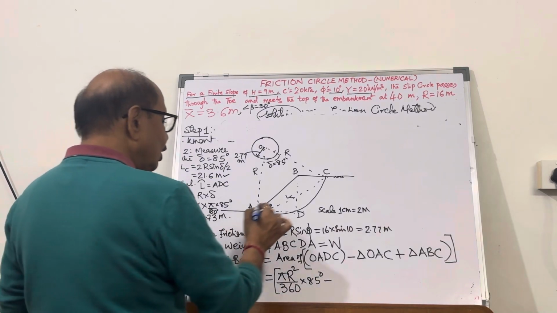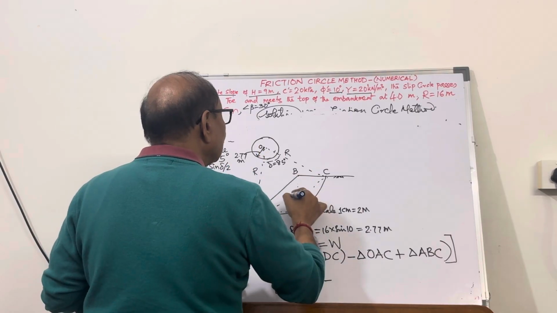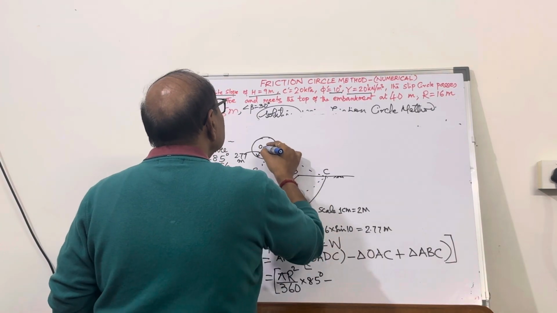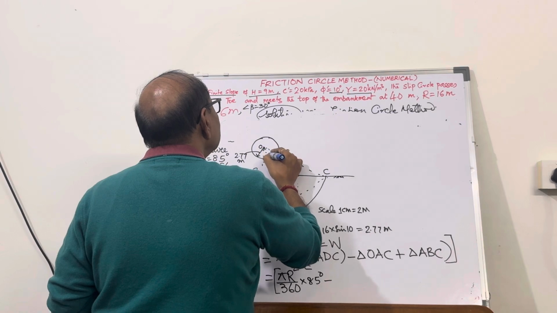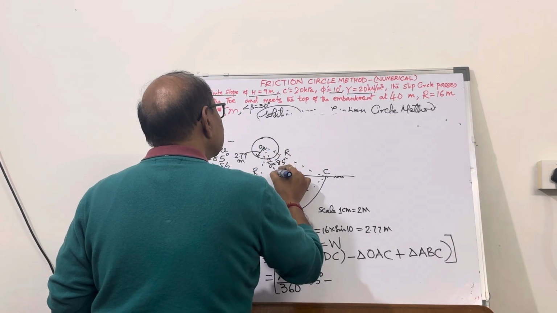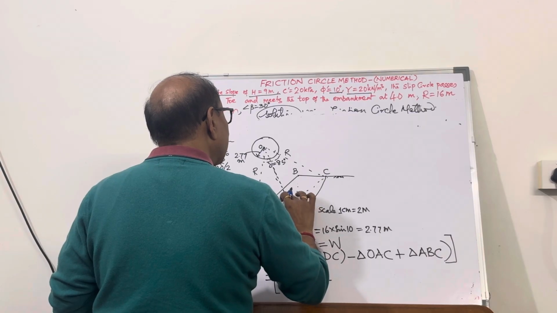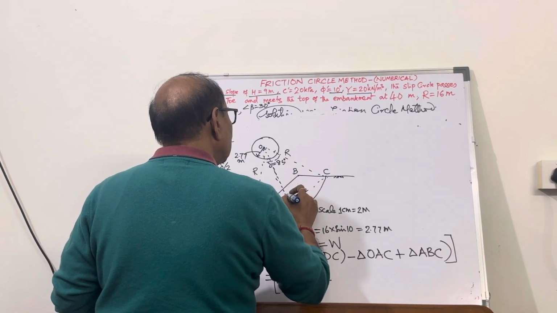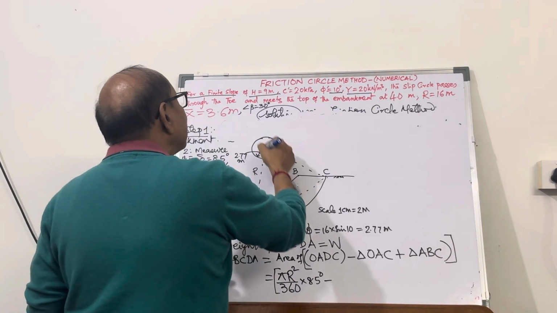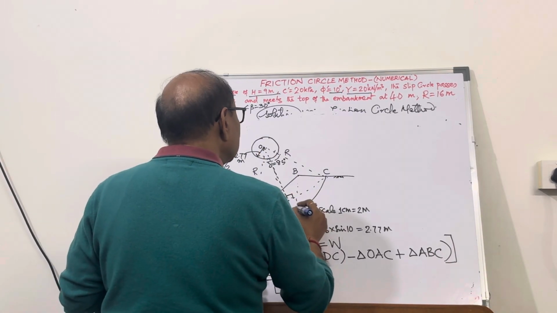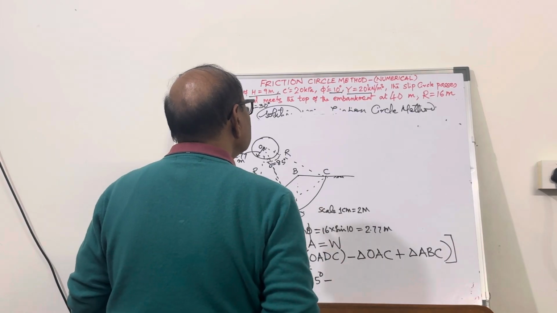So, the length of the chord being known, drop a perpendicular, 90 degree from here, friends, on AC. So this point becomes E, right?